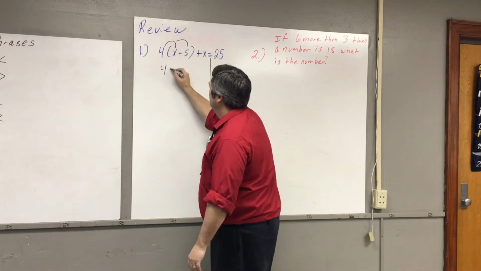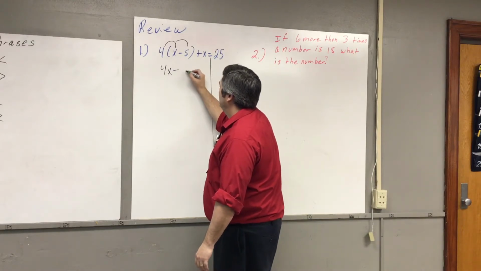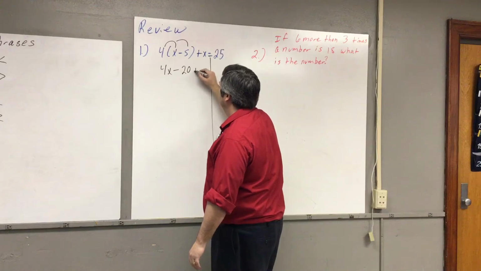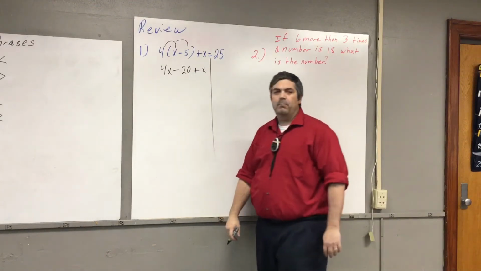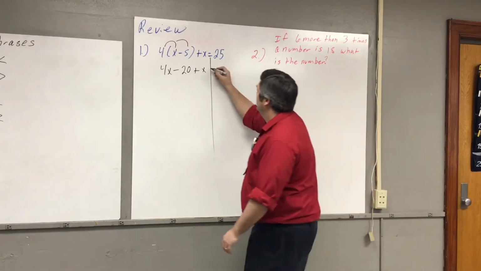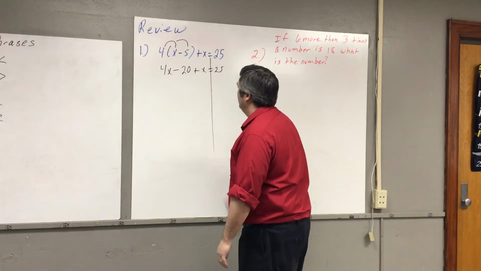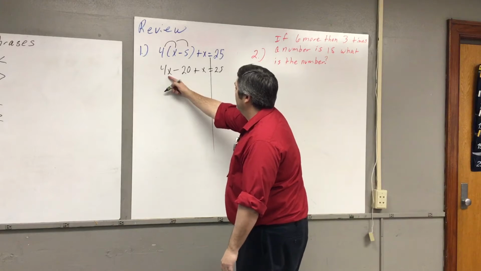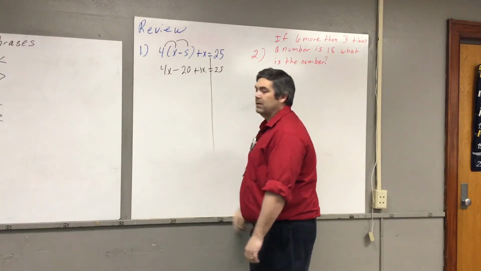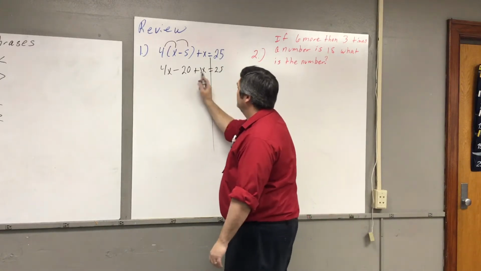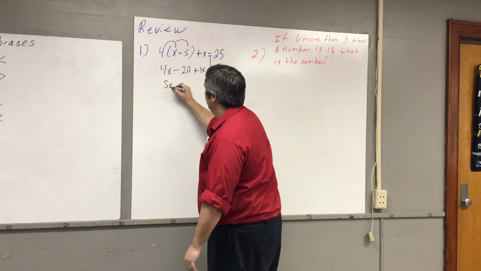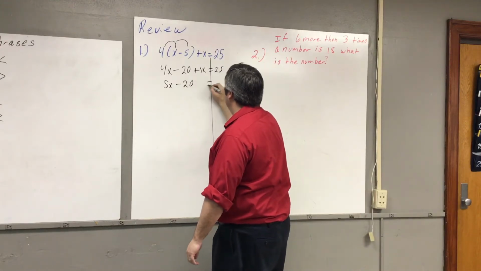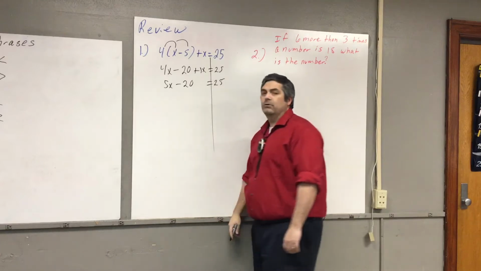So you get 4x minus 20 plus x. Distributive property. That's all that is. Equals 25. Now you got to combine your like terms. You got a 4x here, here you have a 1x. Combine those two things. 4x and 1x get you 5x minus 20 equals 25, and now you're into a two-step equation.